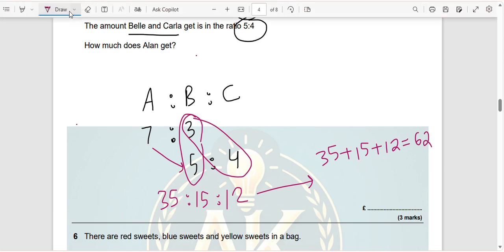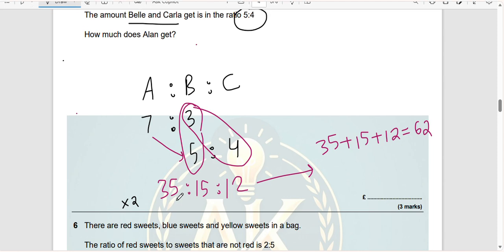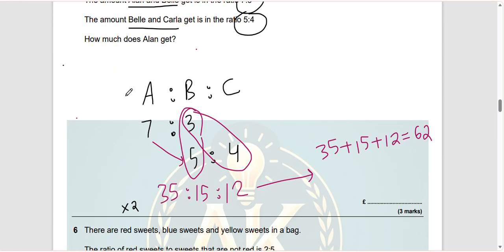So basically what I'm going to do is find equivalents of these numbers. I'm going to multiply every number by 2. I'm going to double to see if I can get 124 pounds, because he said how much does Alan get.